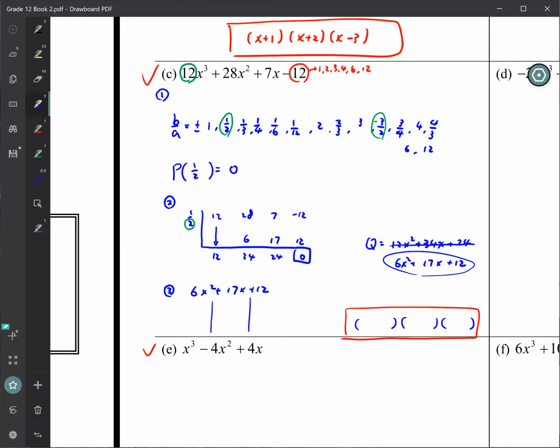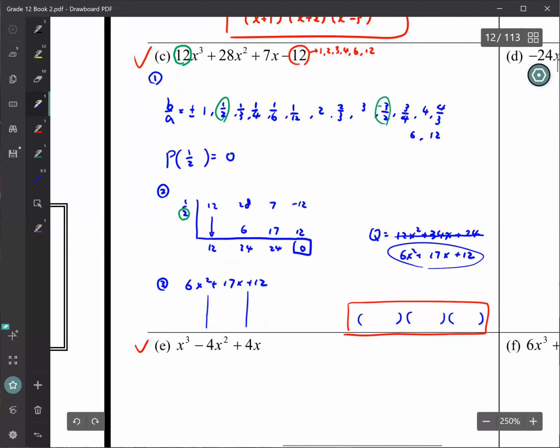Okay, Ray, have you finished the 3 brackets? Yeah. Okay, please raise your hand. Okay, let's check one of the factors. Cindy, can you tell us one of the factors for the quotient? 2x plus 3. 2x plus 3, okay, so 2x and 3.